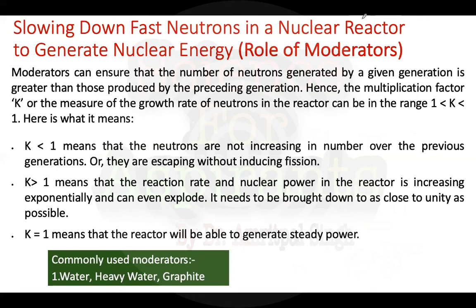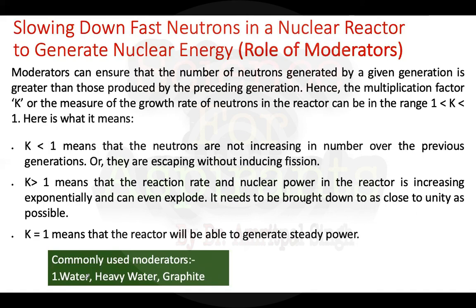The second is the role of the moderator. It is very high. The moderator tries to absorb the extra energy of these neutrons and slow down their energy. You can see the commonly used moderators, which have a high absorption coefficient, like water, heavy water, or graphite.